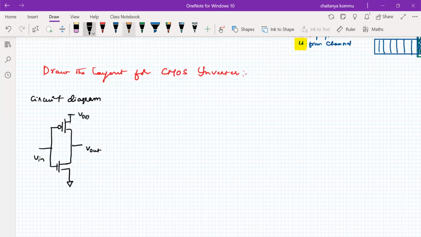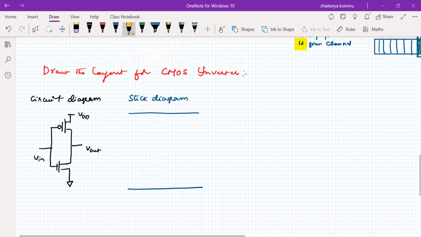What is the stick diagram? Stick diagram as simple as, so let us draw quickly. Okay, so the stick diagram is something like this. We have to take the power lines by using the metal lines. Take yellow color for the entire nMOS transistor. For PMOS transistor, take the green diffusion.